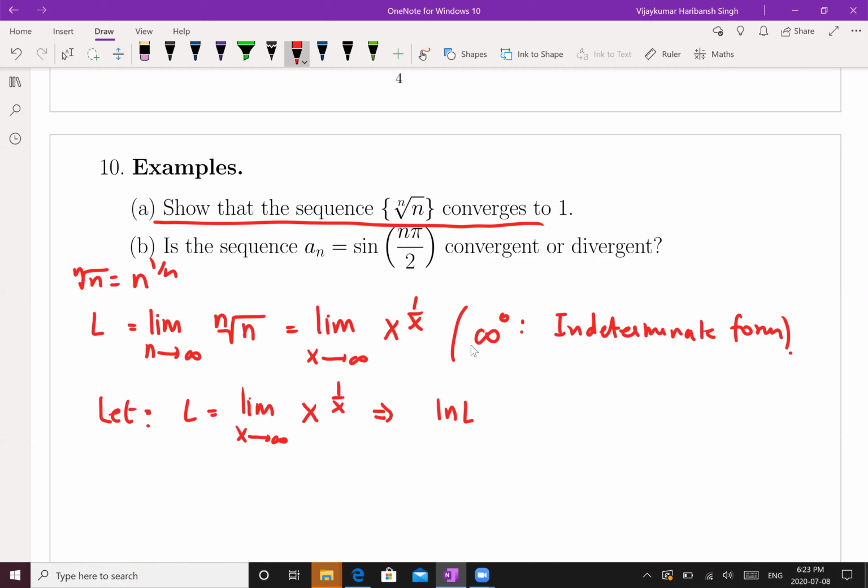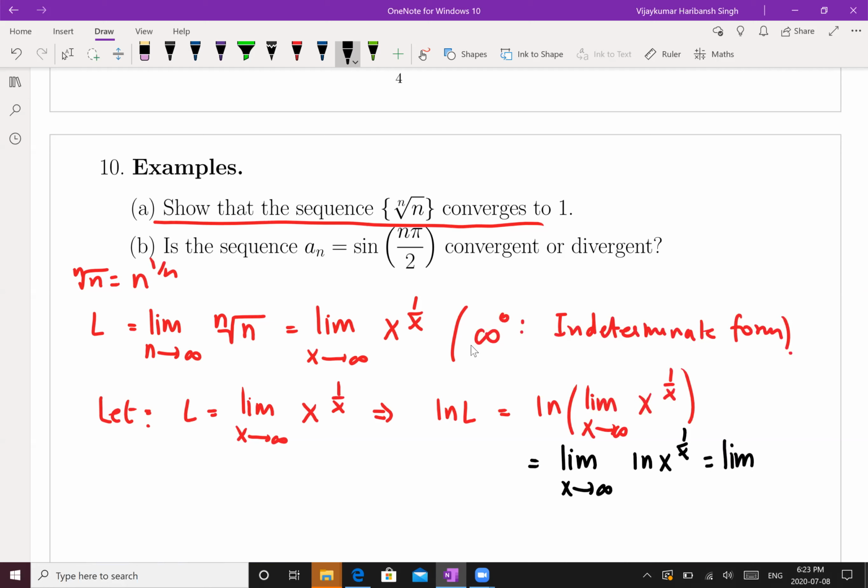So we get ln L equals ln of limit as x goes to infinity of x to the power 1 over x. Now limit and ln commute, because as x goes to infinity, x is positive and ln is continuous there. So this will be limit as x goes to infinity of ln of x to the power 1 over x, which is limit as x goes to infinity of ln x over x.